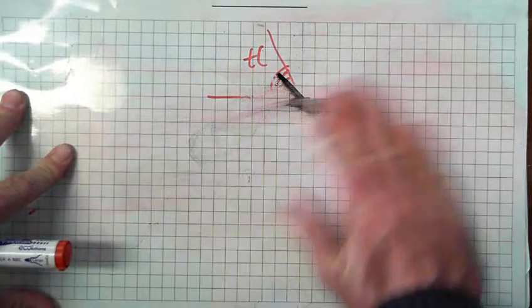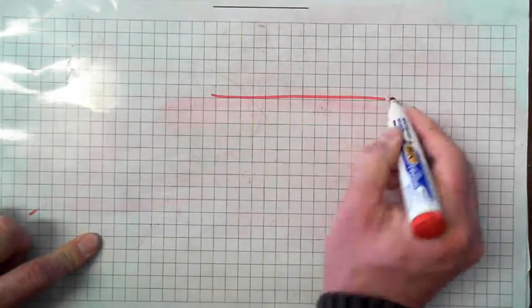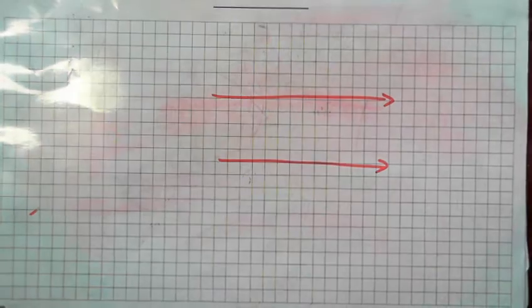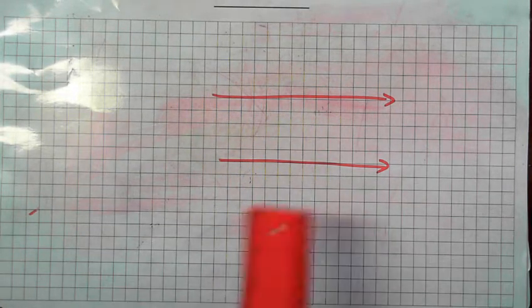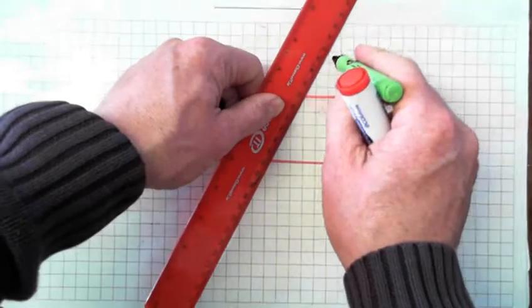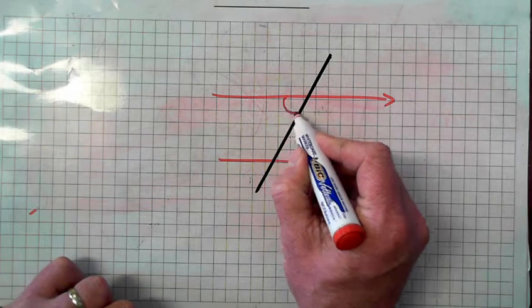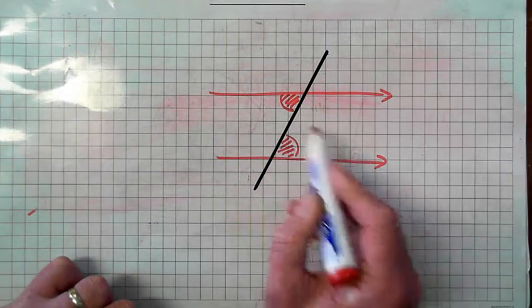Corresponding. And what happens if you're looking for the Z shape? So again, two parallel lines. The arrows show that they're parallel. And what if I put a transversal? A transversal is like train tracks. What if I put a broomstick across it? That's a transversal. Look for the Z shape. So if I look for the first Z shape, that angle is the same as that angle.